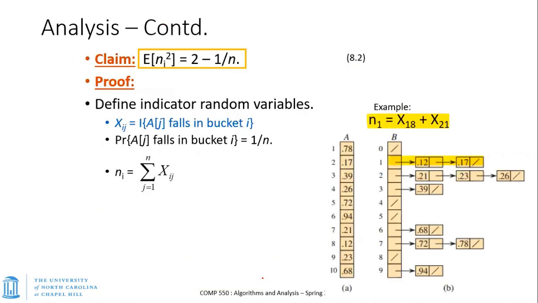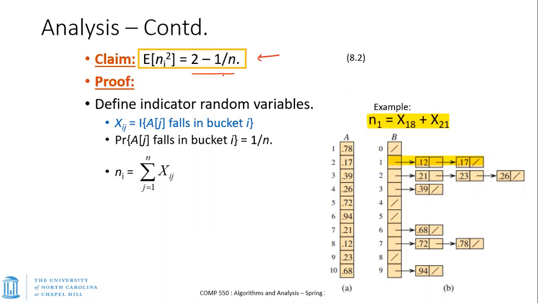Essentially what we're saying is that the second moment, or expected value of n squared, is essentially a constant. It varies with n, but inversely proportional to n. So as n becomes larger and larger, the expected value of n squared is, in order of complexity, essentially a constant.